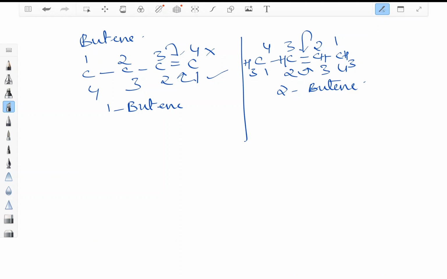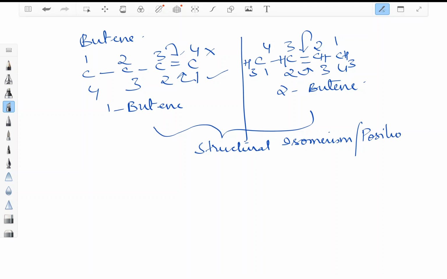So 1-butene and 2-butene are examples of structural isomerism. Specifically, it is showing positional isomerism.